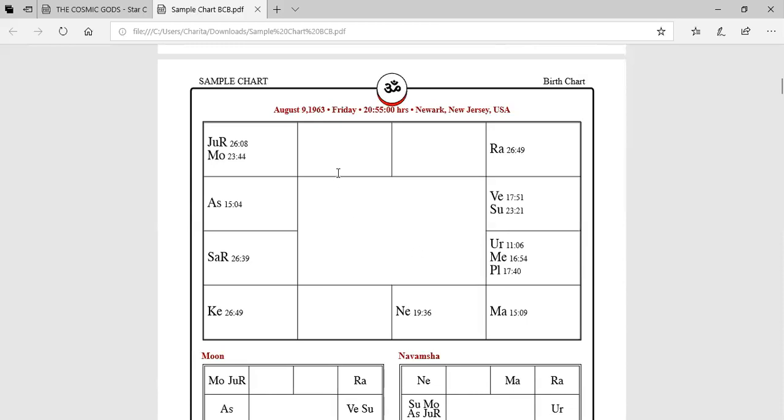So in this chart, Aries, Taurus, and Scorpio are empty. Aries, Taurus, and Scorpio have ruling planets. What house are those ruling planets in? Okay.